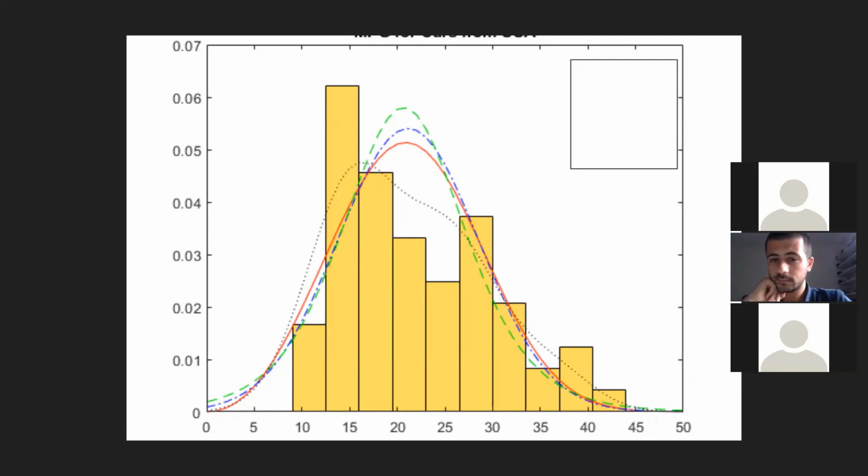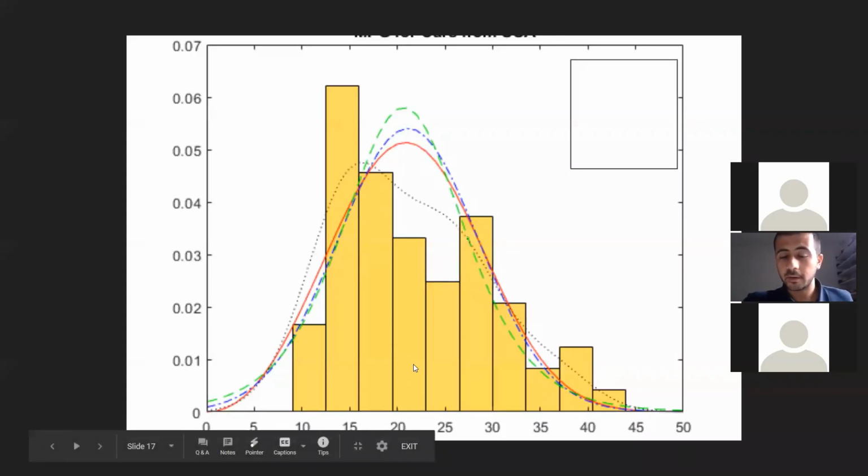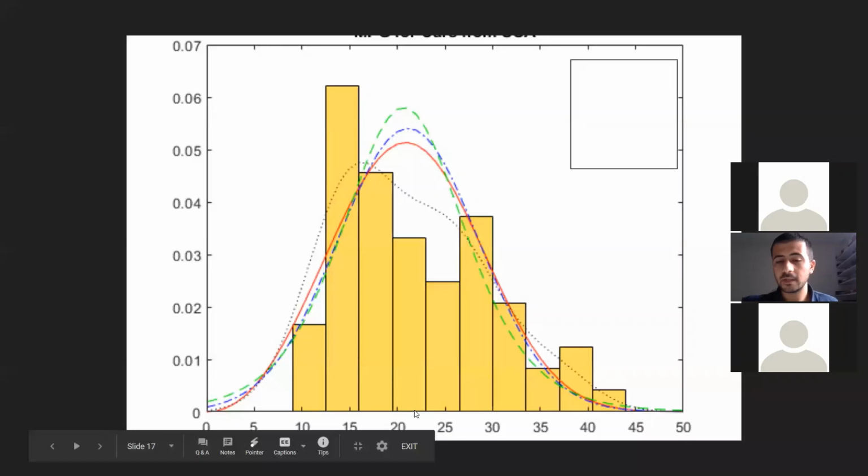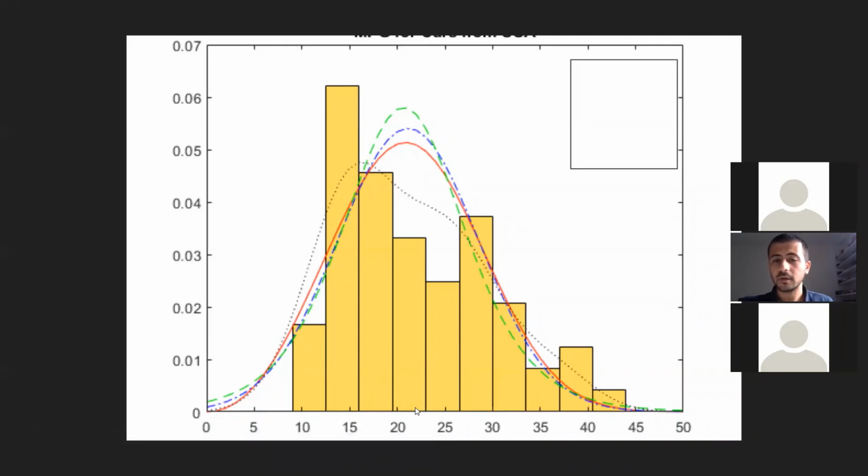Mean and standard deviation. The mean says where this distribution is standing. The mean is right in the middle if it is symmetric as this. So if I say the mean is 25, it's different from if I am saying the mean is 50. You know where the distribution is. And what does the standard deviation give?